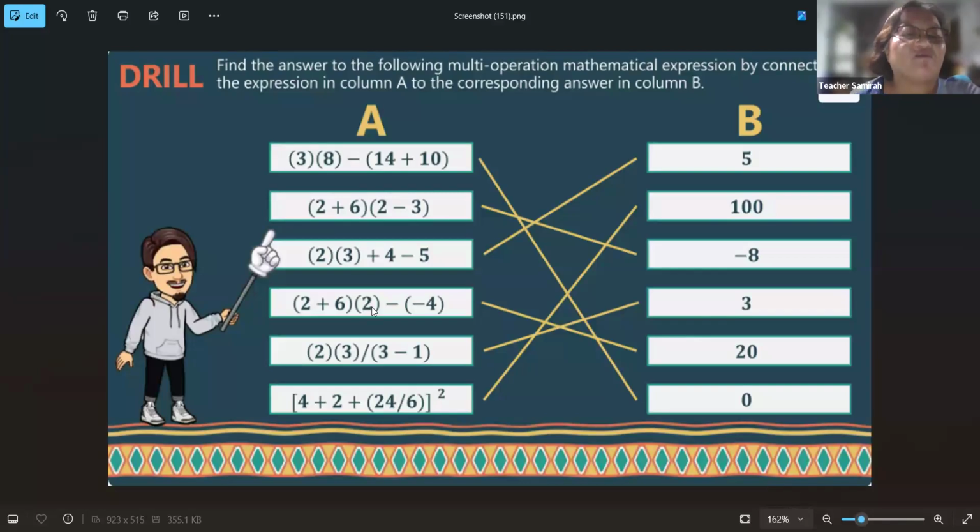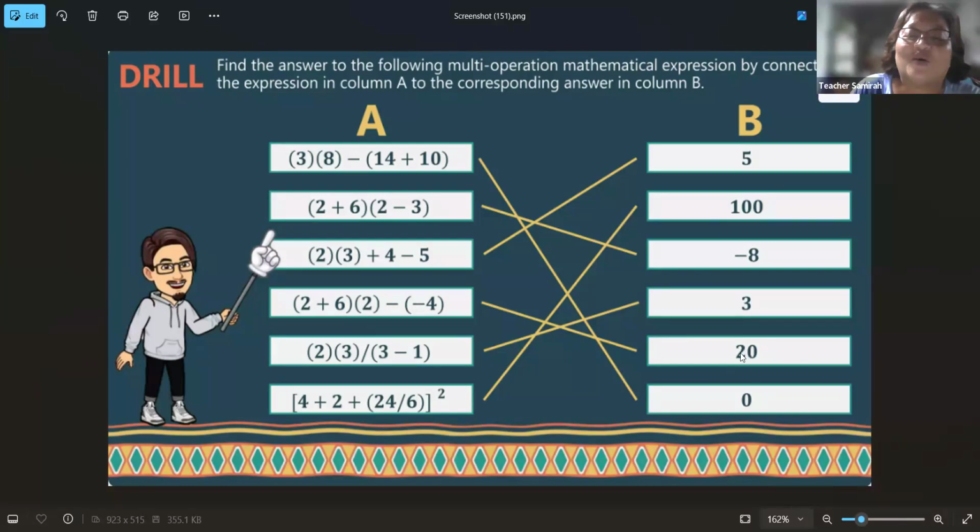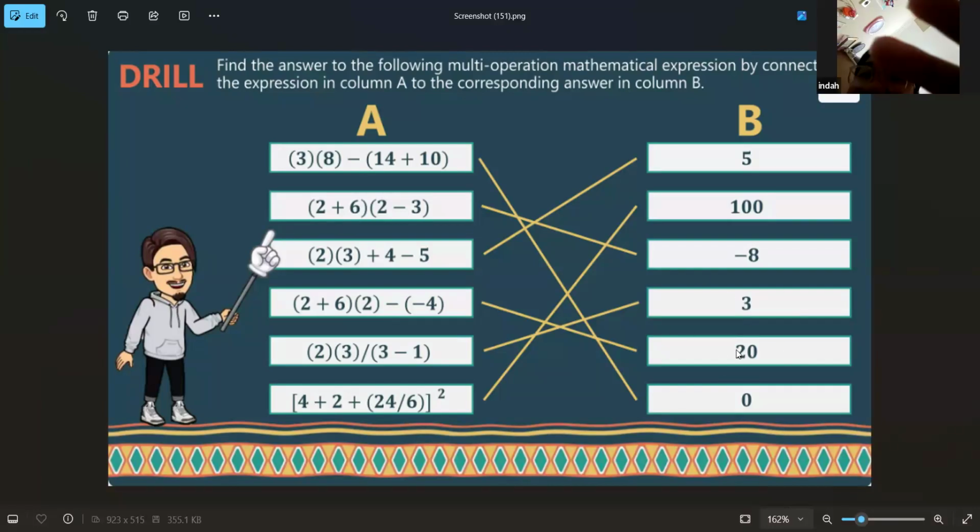16 minus negative 4. So we are actually going to perform the operation of integers. Since it is subtraction, remember same, change. The minus sign will become an addition sign, while the negative sign will become a positive sign. So 16 plus 4 is equal to 20.